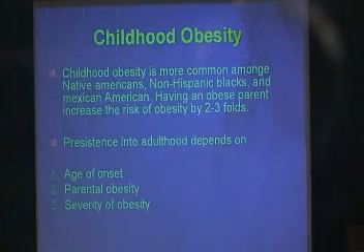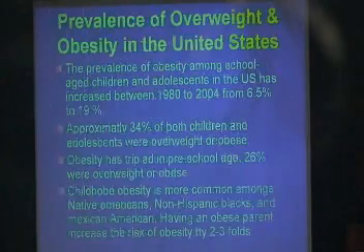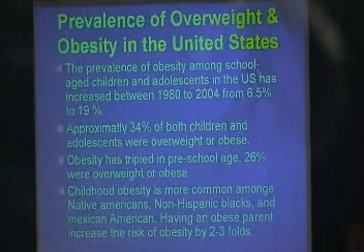In pediatrics also, it's more common in Native American ethnic groups, other than Caucasian, non-Hispanic blacks, and Mexican American, and having an obese parent increases the risk of obesity by 2 to 3-fold. Usually this obesity might persist from childhood into adulthood, depending on the age of onset. The earlier the age, the more likely those will develop into an obese adult. And of course, as I mentioned, parents being obese and how severe that weight problem is.